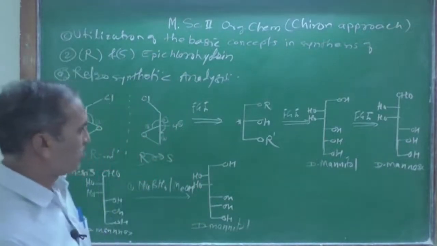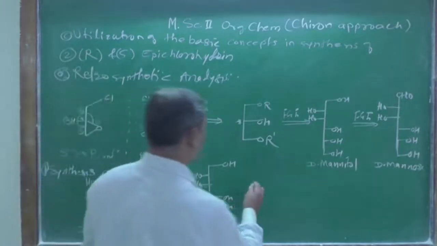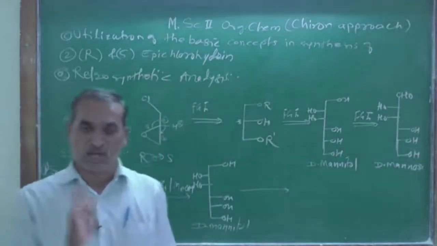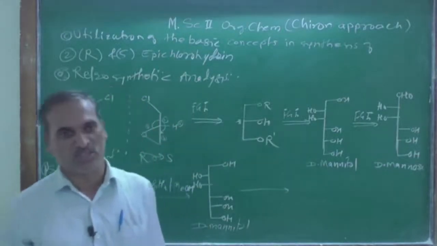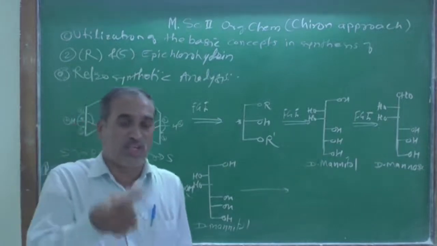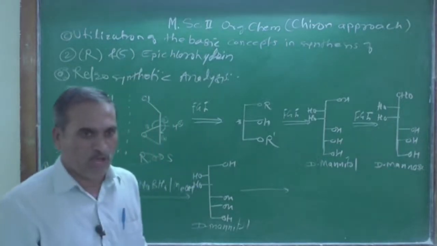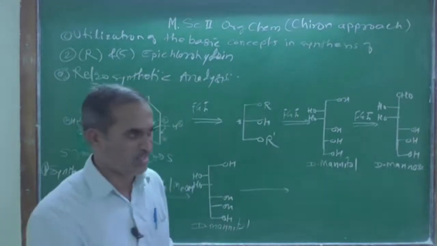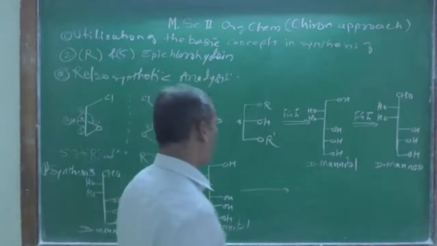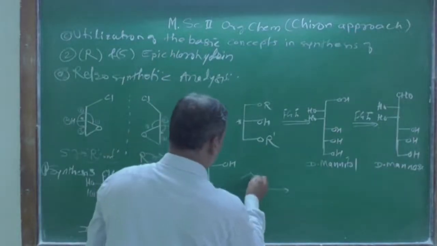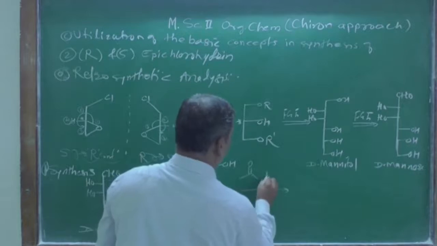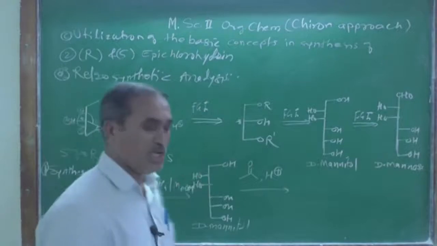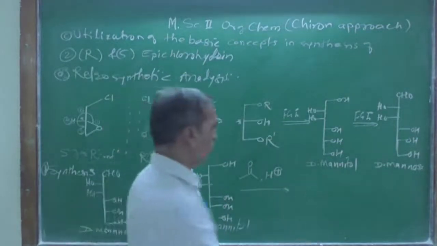After that, D-mannitol, what are you going to do? As we know, we are going to protect, and for the protection a 1,2-diol protection is needed. Which reagent is used to protect the 1,2-diol, as we already saw while studying protection and deprotection? That is acetone in the presence of H plus, right? Acetone, C double bond O, in the presence of a catalytic amount of H plus is required, and then it suitably protects the 1,2-diol.